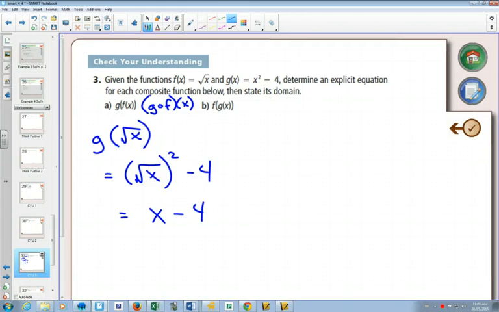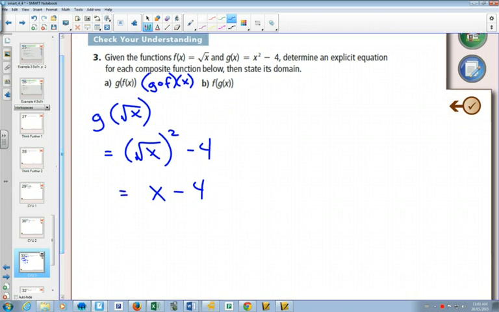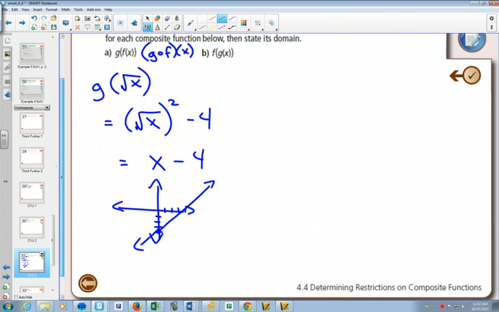and so we end up with a line. Now we have to be a little bit careful here, because if we were graphing this, x minus 4 would have a y-intercept of minus 4, slope of 1, go up 1 over 1. This is what the graph of x minus 4 is. But we have to be careful with the domain, because what's not allowed? Negative numbers.